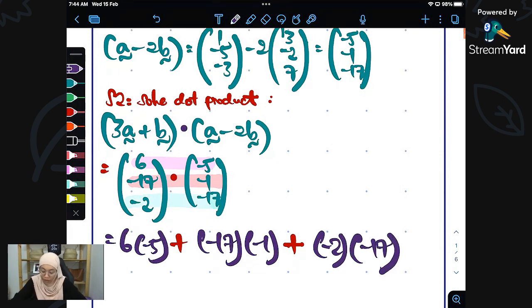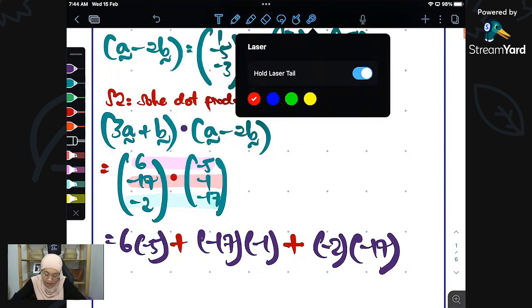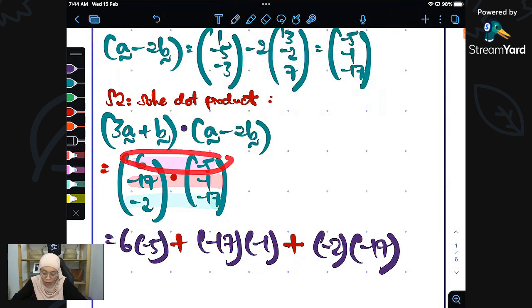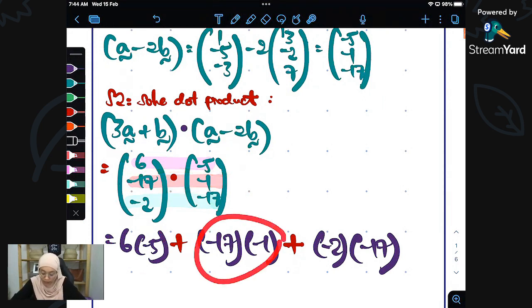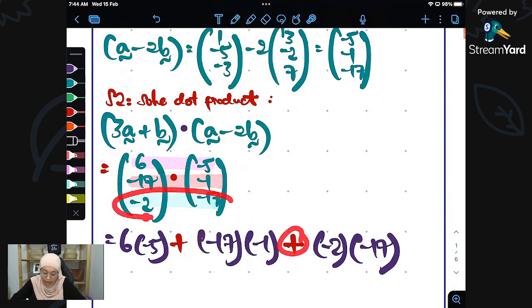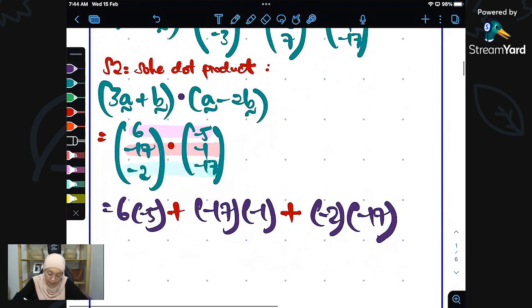So the formula is: the first row, you multiply it, and then you add the second row multiplied, and then you add again the third row multiplied. Use your calculator and you will get the answer of 21 only.